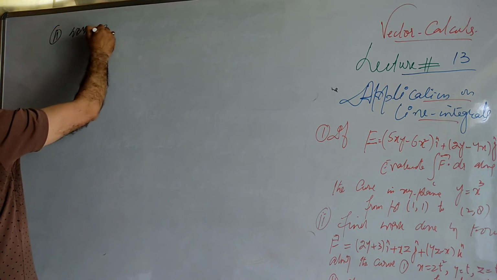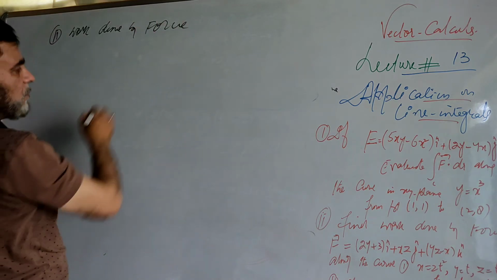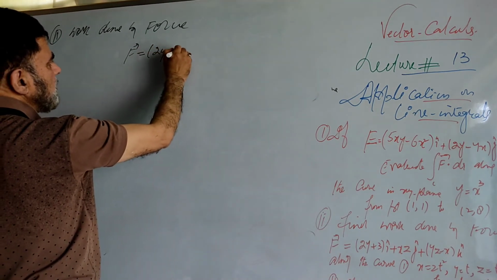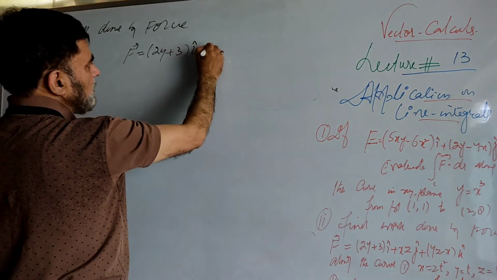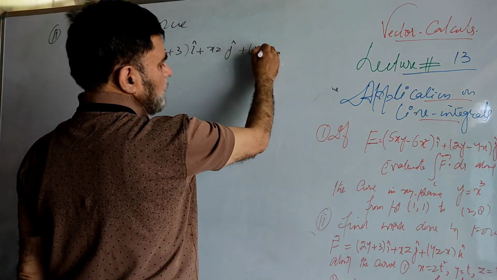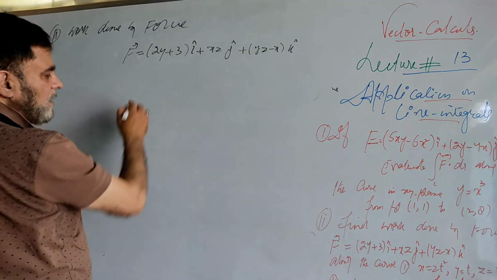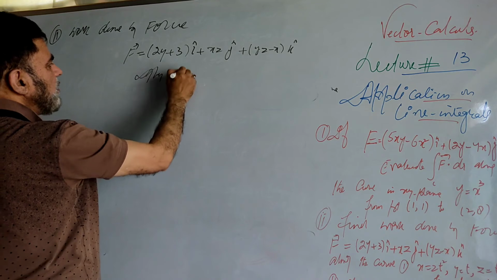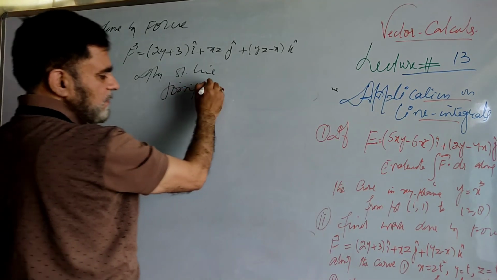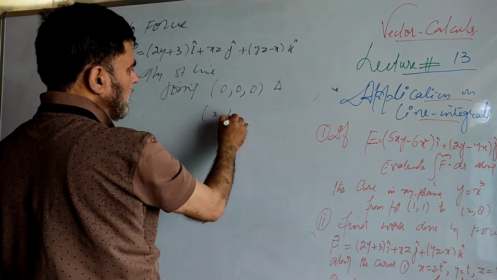To find out work done by force F is (2y plus 3) i plus xz j plus (4z minus x) k along the straight line joining the points 0 0 0 and 2 1 1.